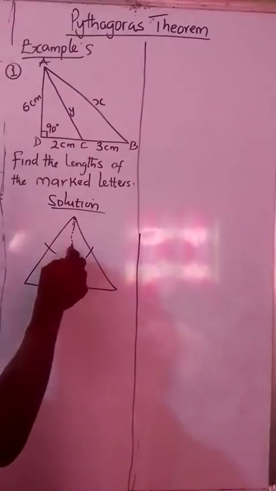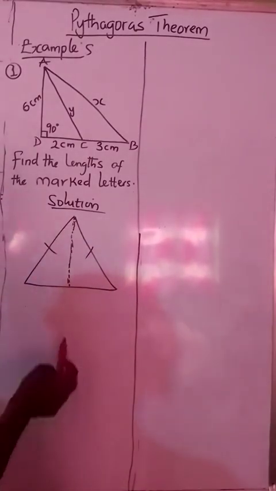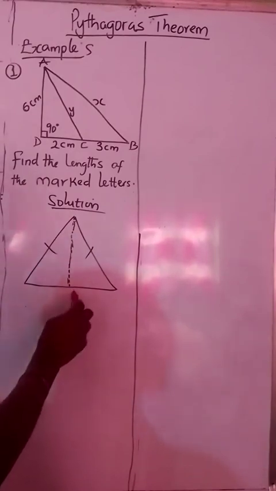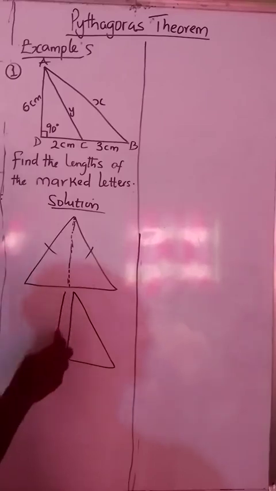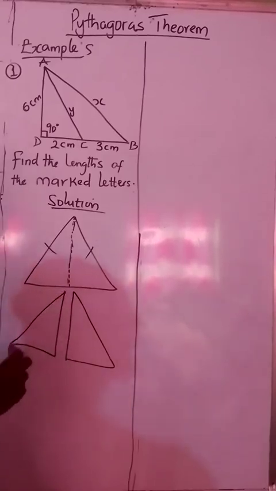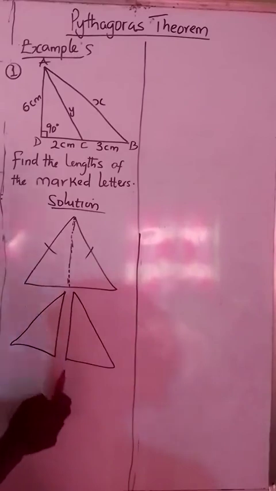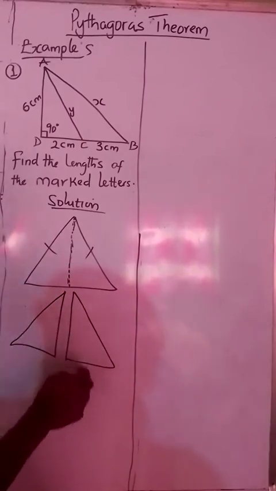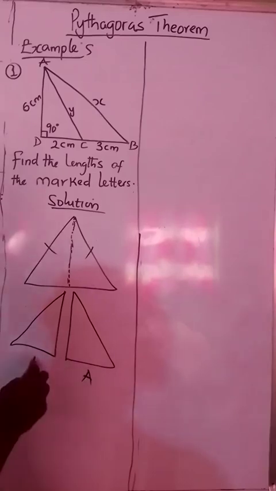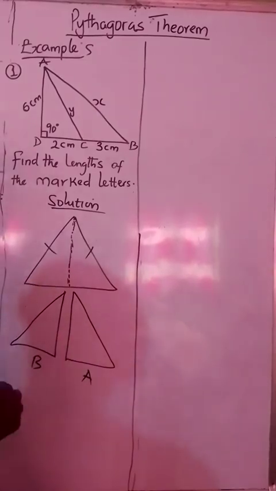So after you create a diagonal, what happens? You have divided it into two. So this way you cannot solve either A or B using Pythagoras theorem.